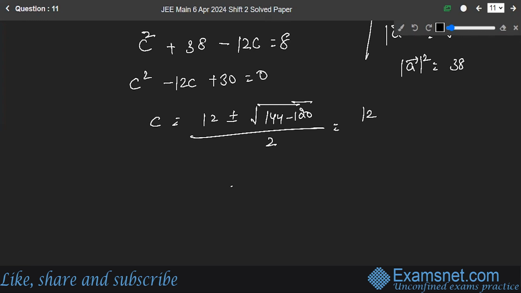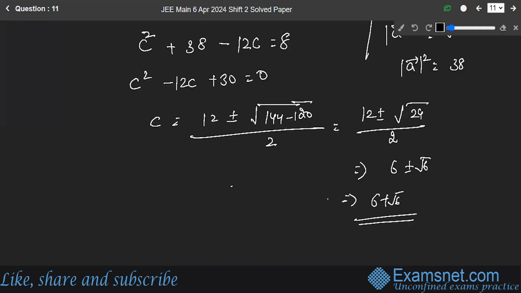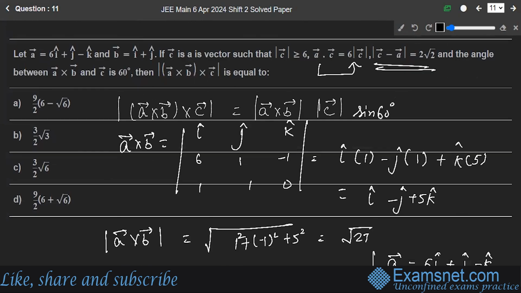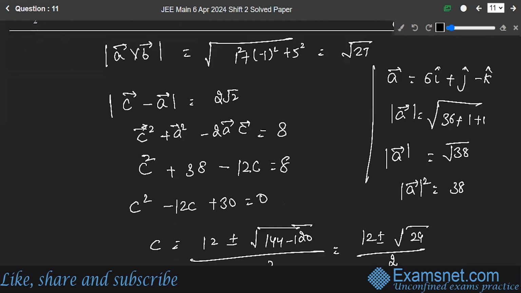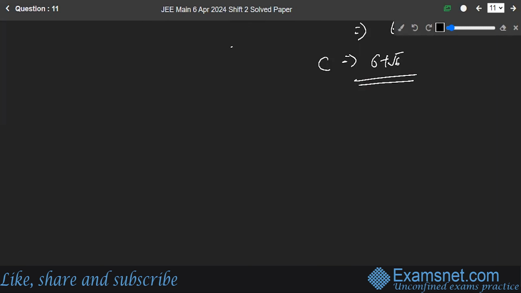That's equal to 12 plus minus root of 24 upon 2, or this will be 6 plus minus root 6. Correct. I'll be taking only the positive value for c, because in the question it is given that the magnitude of c vector is greater than 6. So I'll be taking only this value.